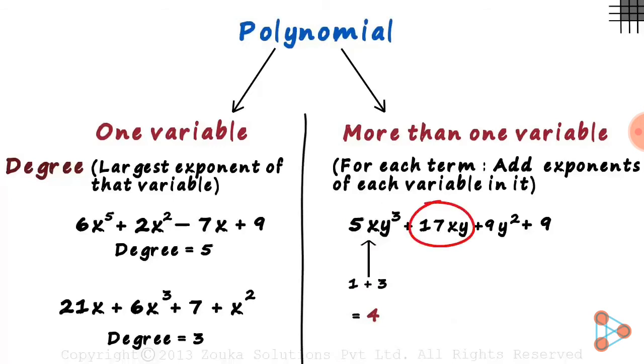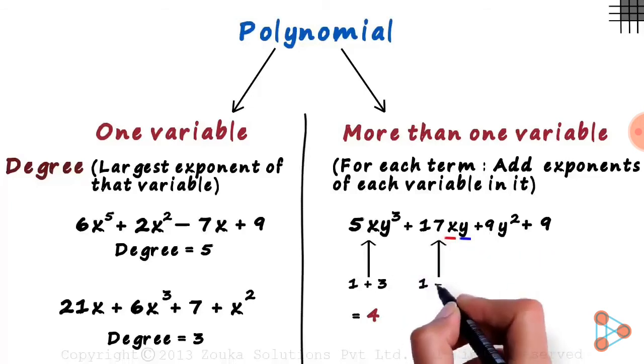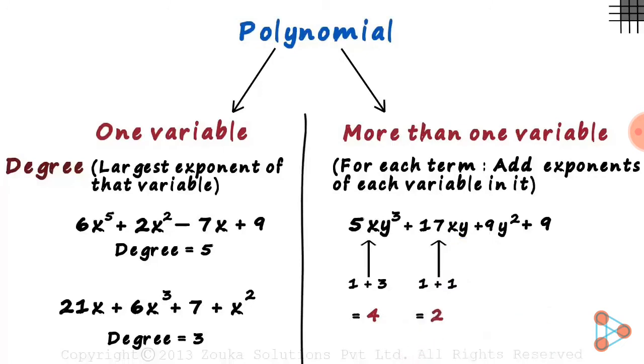Now we come to the second term. There are two variables, x and y, and each of them have an exponent equal to 1. Adding the exponents, we consider the exponent of this term to be 1 plus 1, which equals 2. In the third term, we have just one variable. Its exponent will just be 2.